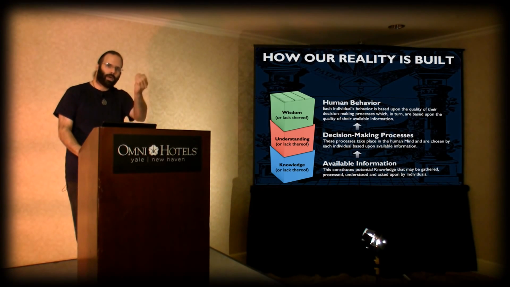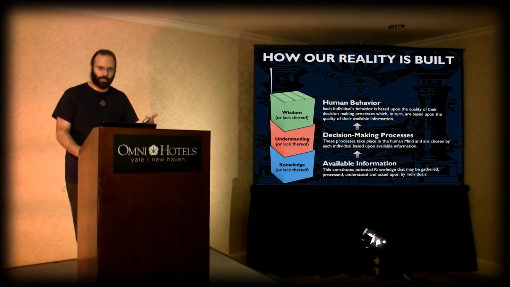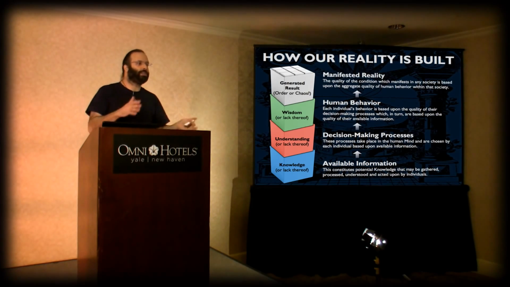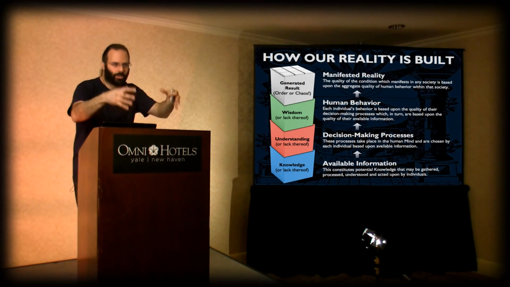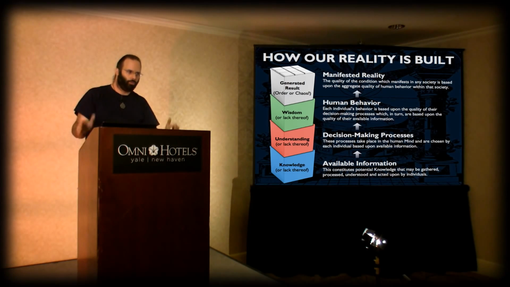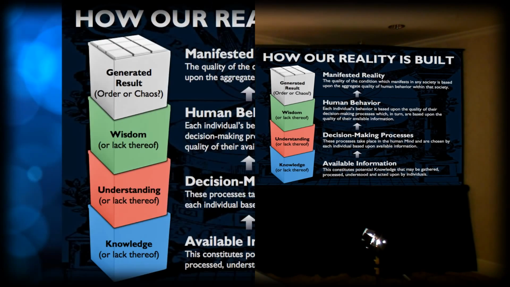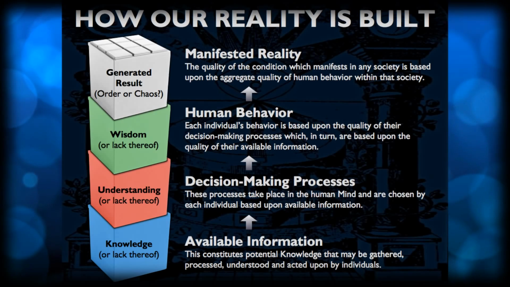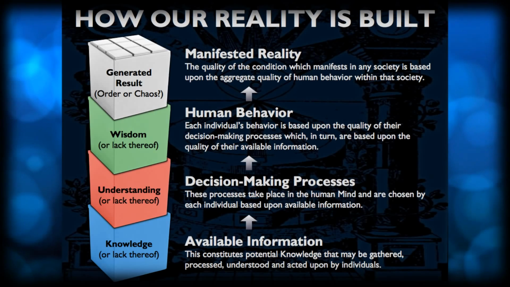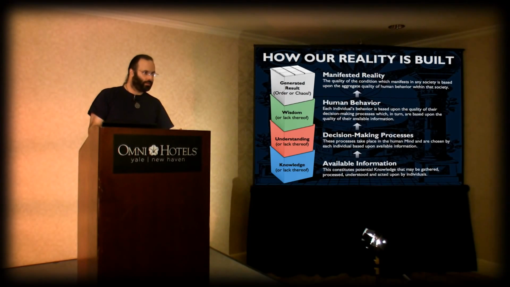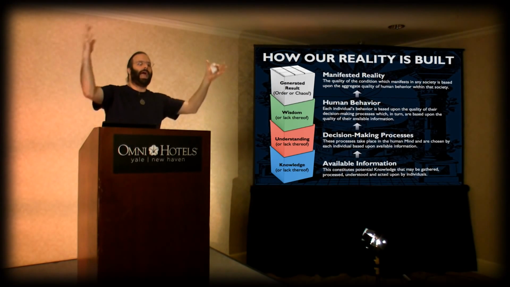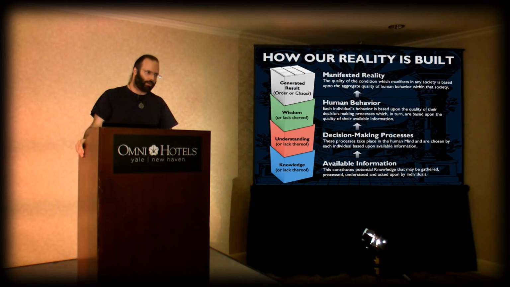So, based upon these three processes, something is generated. Something is created in the physically manifested reality, the real world, so to speak. So, the manifested reality is based upon the aggregate behavior. Aggregate behavior. No one person is creating the reality we are experiencing. Okay? It's another fallacy of the New Age movement and thinking. In the aggregate, we are creating our shared reality.